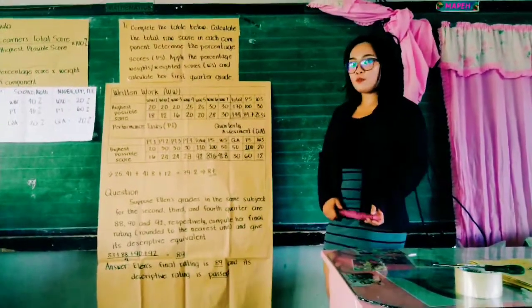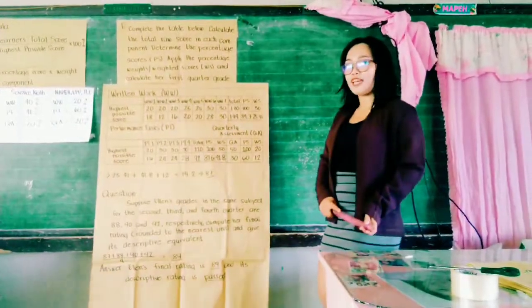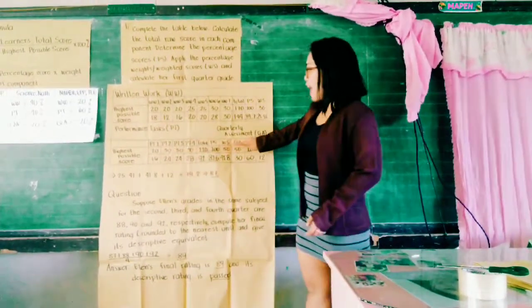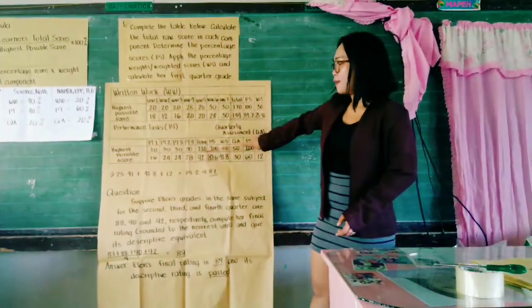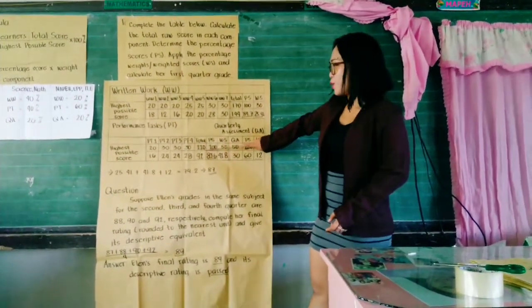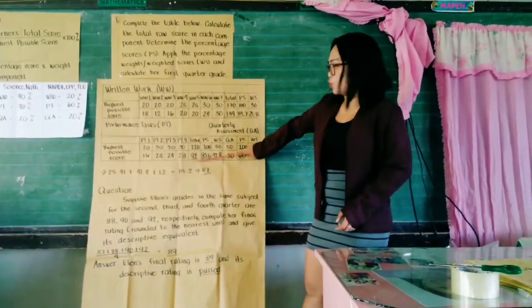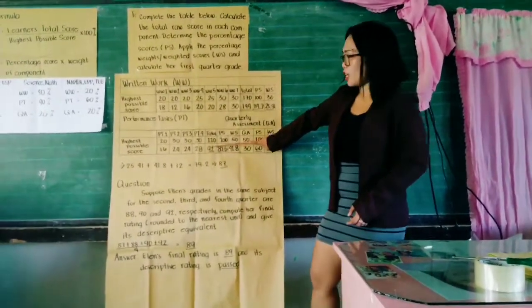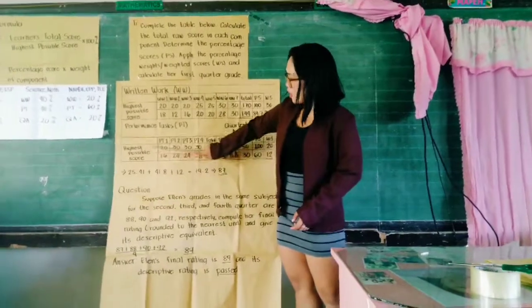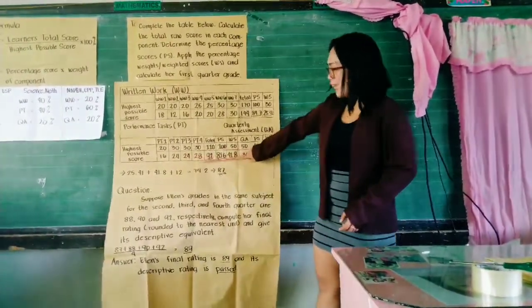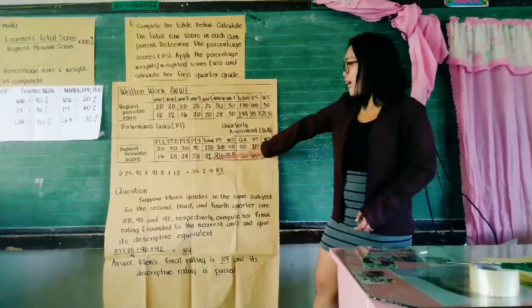Now we will go into computing the performance task of Ellen Ramsey in Araling Panlipunan. So, the highest possible score is 110. But her score is only 92. I get the 92 because I add the scores of 16, 24, 24, 28. So, the total is 92.